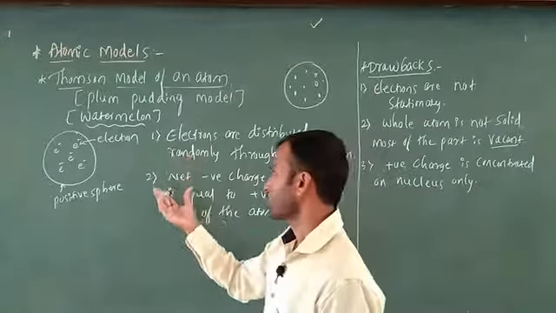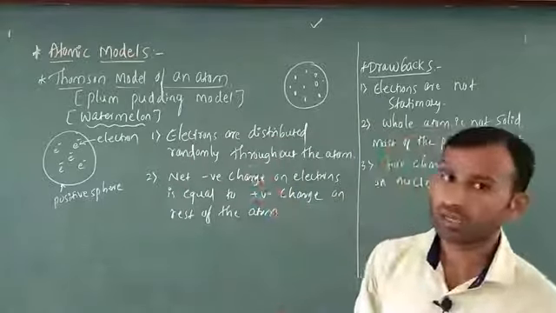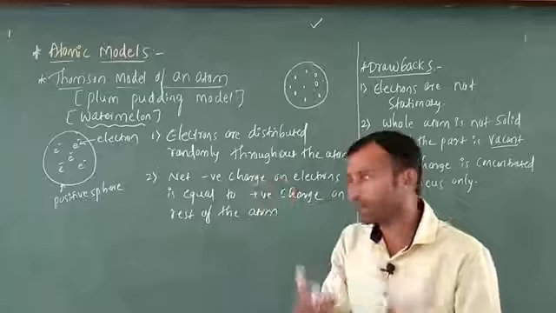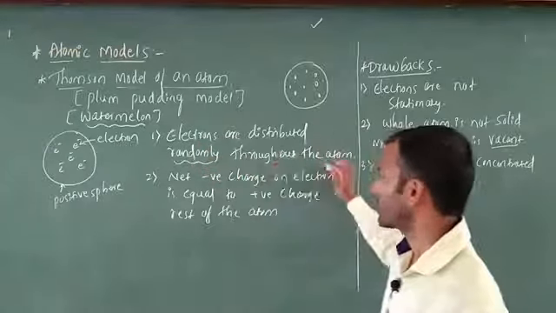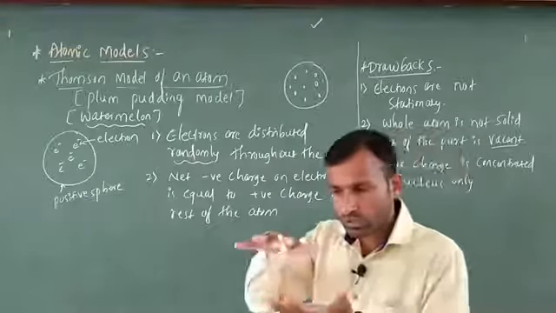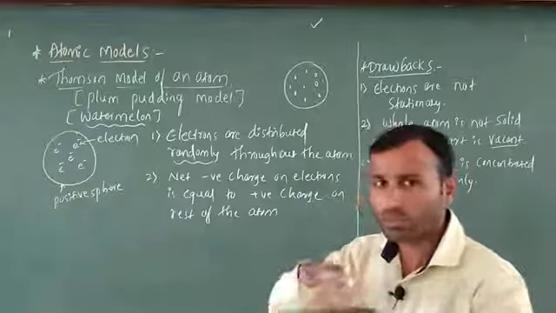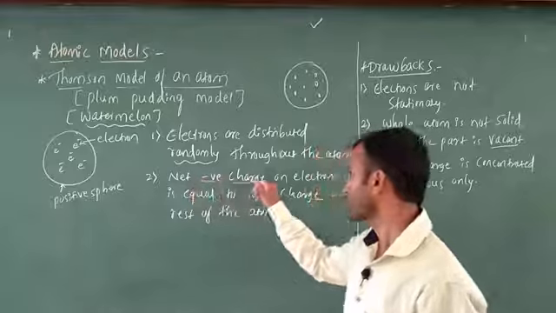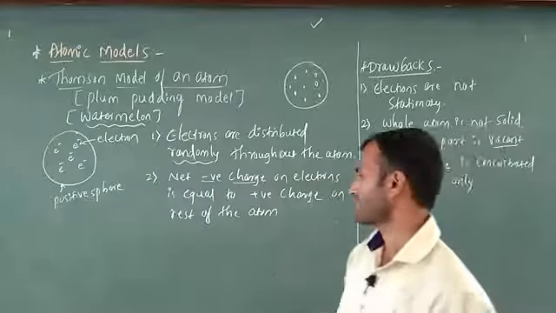In this case two points are there. The first point is that electrons are distributed randomly. You know that the seeds in a watermelon are also distributed randomly. Electrons are distributed randomly throughout the atom, just as the seeds are distributed randomly everywhere in a watermelon. The next important point is that the net negative charge on the electrons is equal to the positive charge on the rest of the atom.